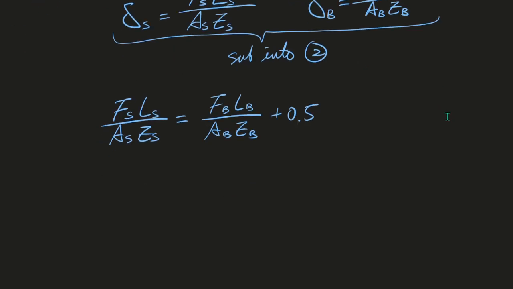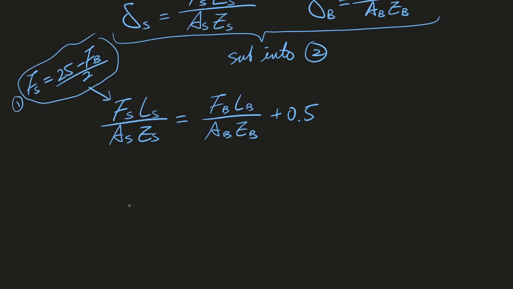Okay, now we can also substitute that Fs is actually equal to 25 kilonewtons minus Fb all over 2. This is actually just rearranged equation 1 from statics.